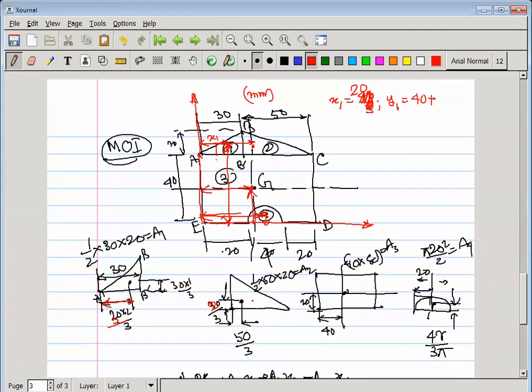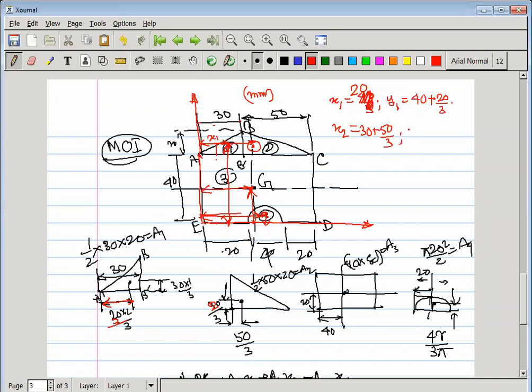Along y-axis it is different, and this is 20 divided by 3. So 40 plus 20 divided by 3. Now x2 is this one. So x2 is 30 plus 50 by 3.